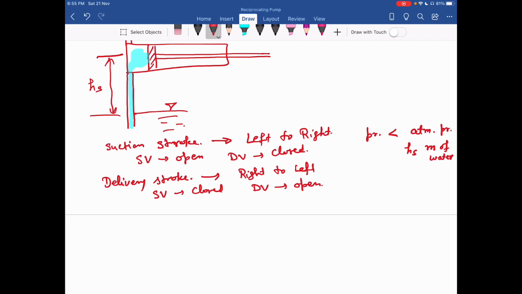Now I have to push the water from the cylinder to the required height through the delivery pipe. So at that very time the pressure is more than the atmospheric pressure, by an amount HD meter of water.